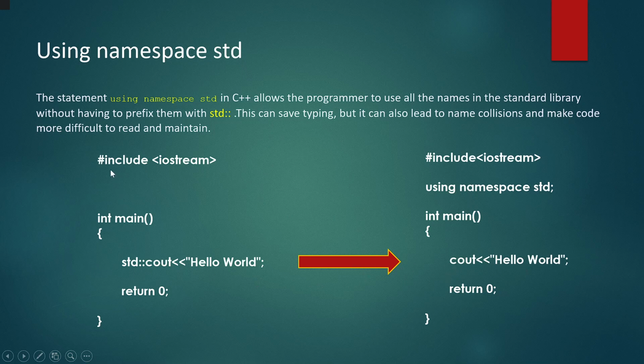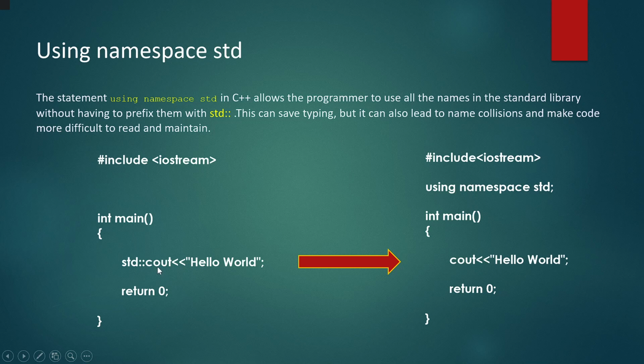So here you can see that the code is 90% similar. Here we don't have to include using namespace. If you don't include that, you have to write cout like this. You have to prefix it with std double colon. So what does that actually mean? Here the double colon is the scope resolution operator.